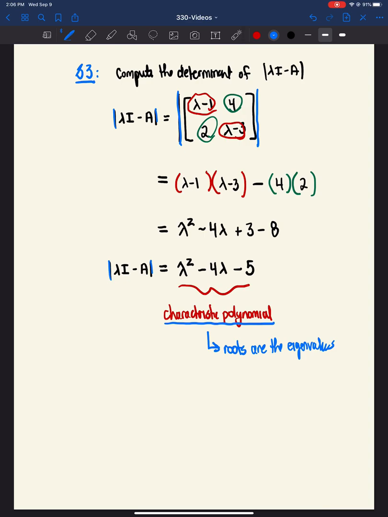So that brings us to step 5. Find the roots of the characteristic polynomial, or set the characteristic polynomial equal to 0 and find the solutions.